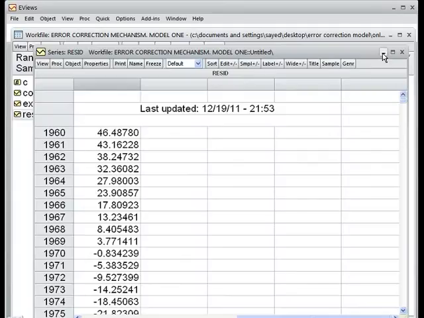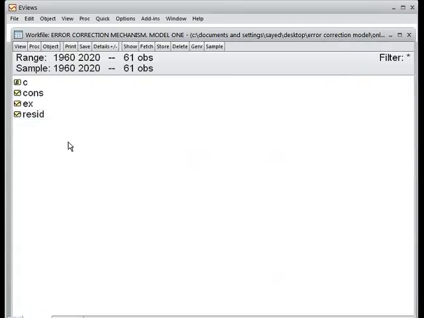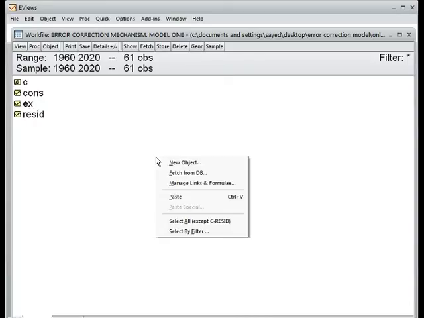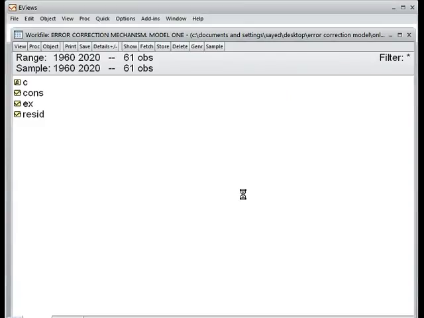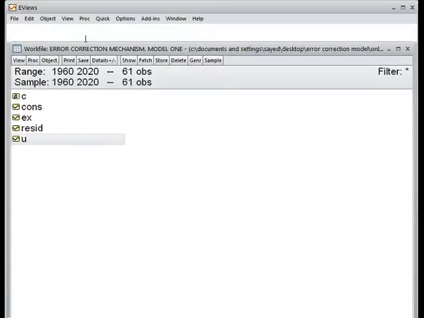Okay, so what do I do? I create a variable here, such as u. New object, then series, then I put u. And what is u? I put u equal to resid. That means u and resid should be the same thing, right?